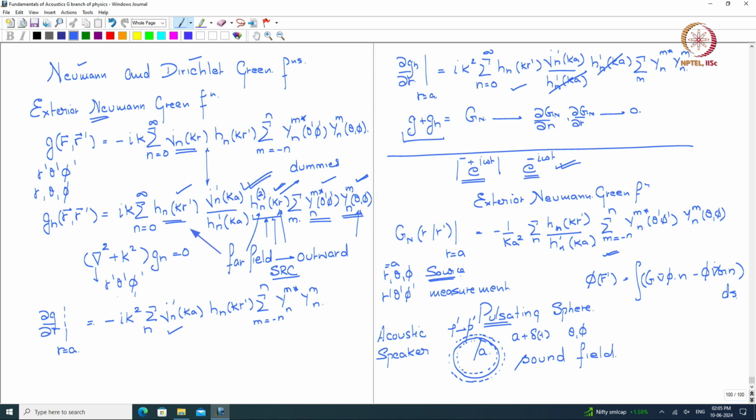So del g dot n, if we choose this, is 0 on a sphere, just like this sphere of radius a. Okay, so this is going to be an integration on a surface of a sphere. So then this del g dot n is 0 from what we have derived for the exterior Neumann Green function. So we are left with only g del phi dot n.